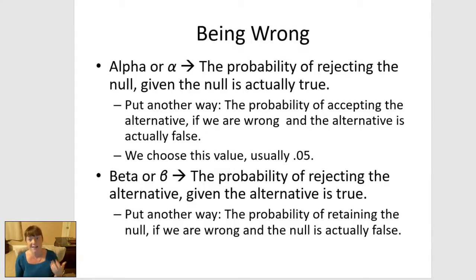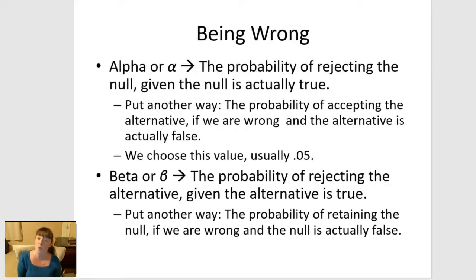So alpha is, in addition to being the area of rejection, in addition to being that rule we create, anything in the extreme 5%, anything in the extreme proportion of 0.05, we reject the null, but if the null is true, we're making a mistake. So alpha is the probability that even if the null is true, we're going to reject it.